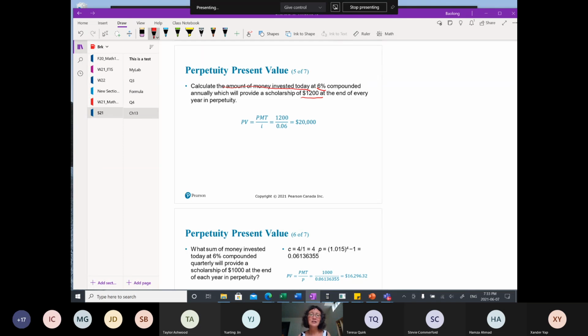So how do you answer this? Without the term N, how do I calculate this annuity? Why is term N not given? Why didn't it say 3 years or 10 years or 25 years?